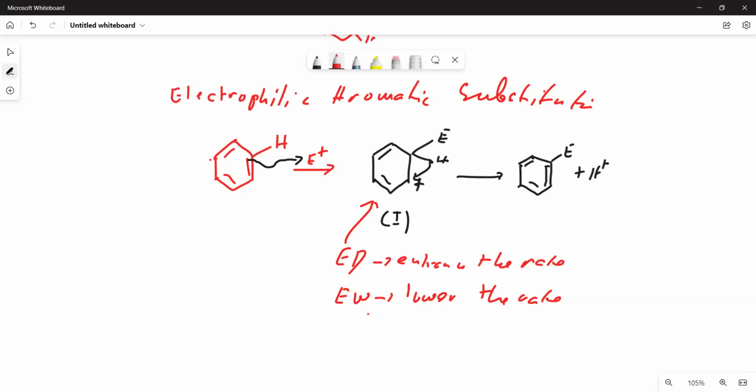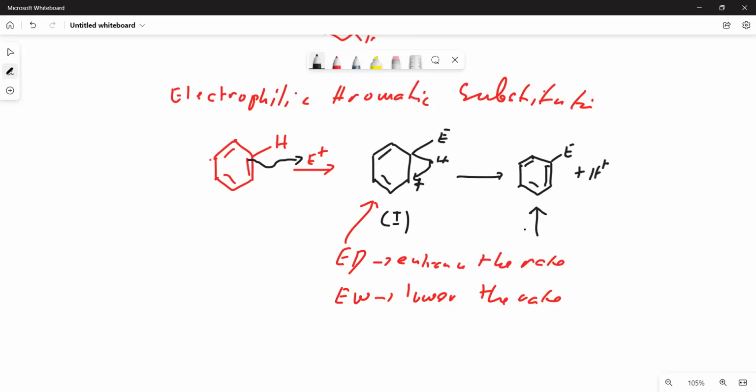Okay. There is another aspect of electrophilic aromatic substitution that you should know. Because after the first substitution, if you notice here, we only attach one electrophile. But there are still 5 remaining hydrogen in benzene that can be replaced by second electrophile, third electrophile, fourth electrophile.